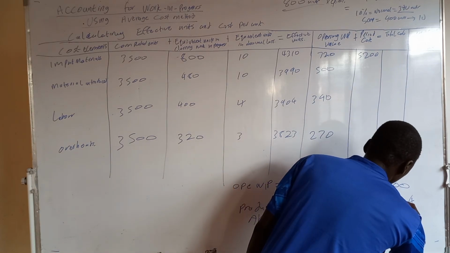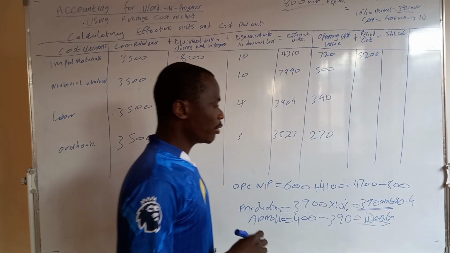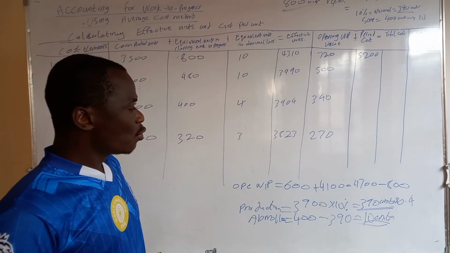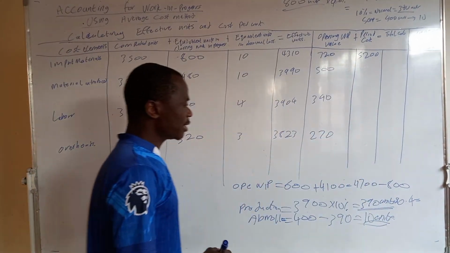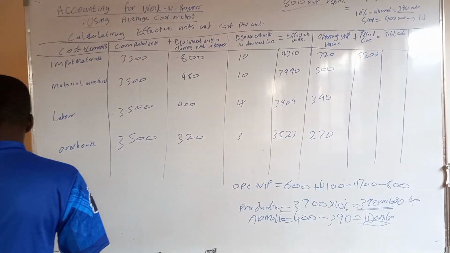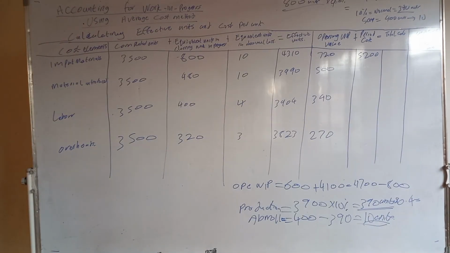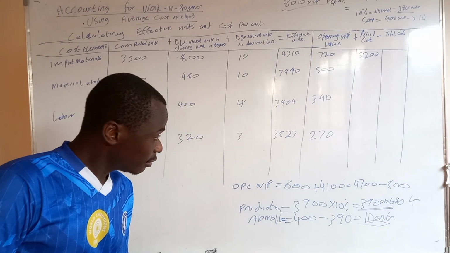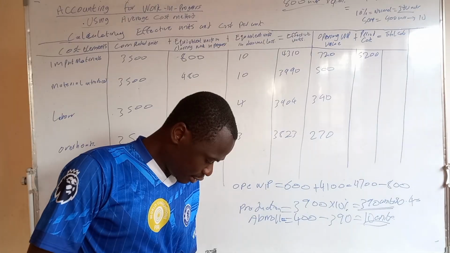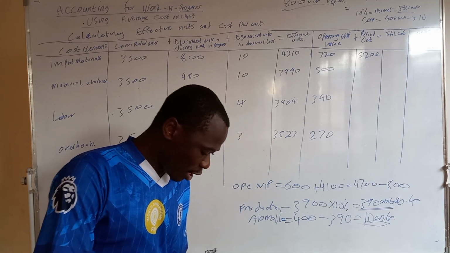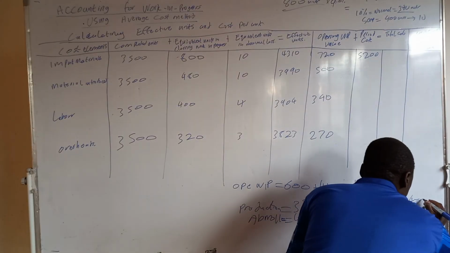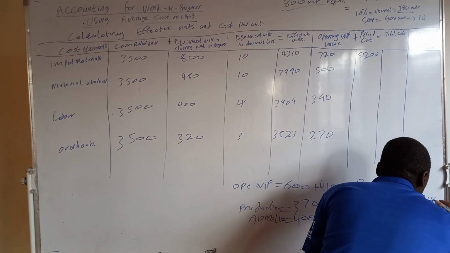So what was the value of the sale? The value of the sale is 390 times 0.4, which gives us 156 shillings.